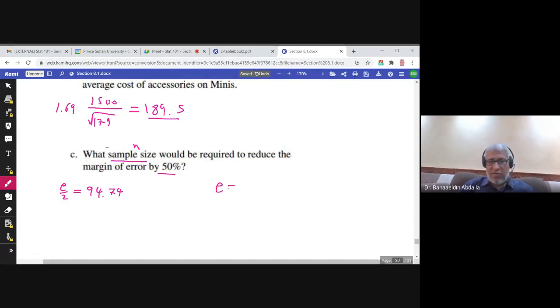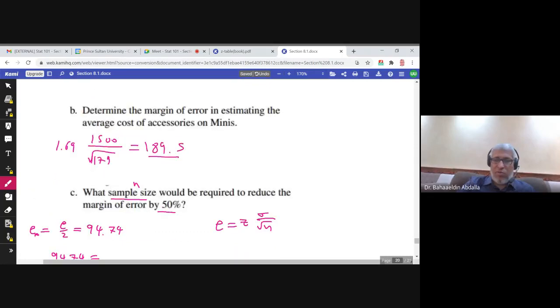We know that the margin of error is z times sigma over square root of n. So let us say this is E star. So we have 94.74 equals the margin of error, equals z. What is z?